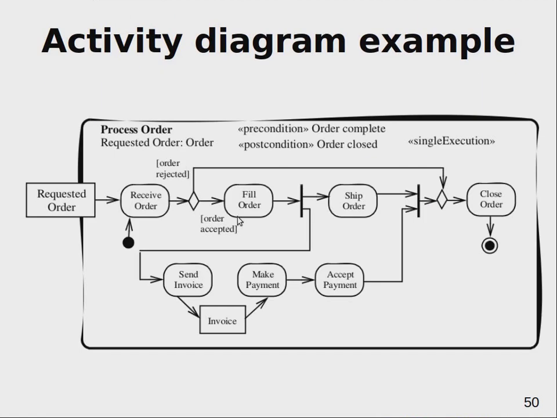So you see here that the graphical notation is very similar to the state chart diagram, but the meaning is different. So now these nodes represent that something happens, or activities, and these activities represent a distributed system. For the state machine diagram, these directed edges didn't represent anything other than just sequence or order of events.